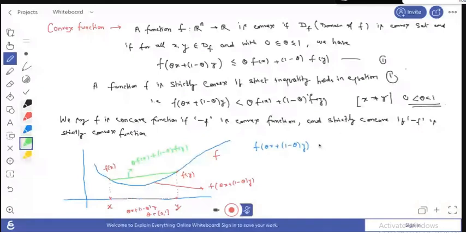So this means this is less than or equal to this green line. The green line represents theta of fx plus 1 minus theta of fy.